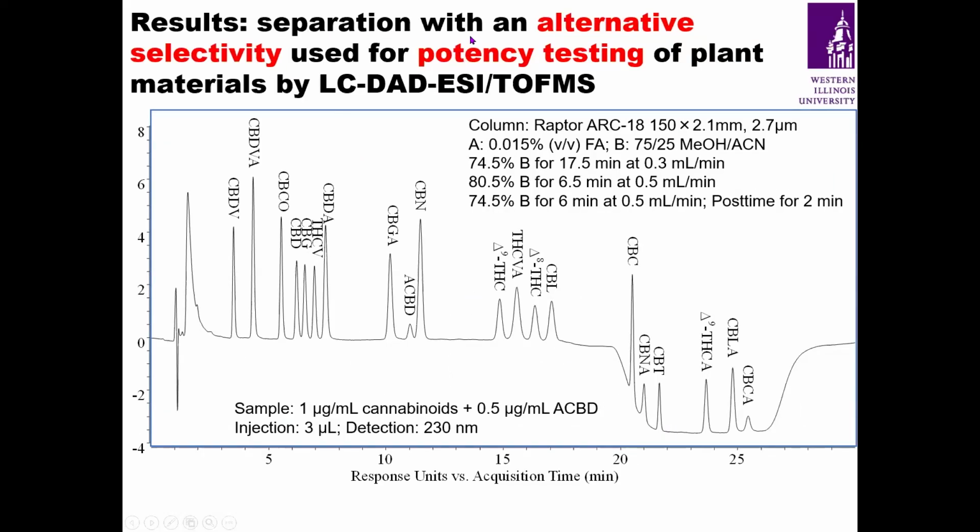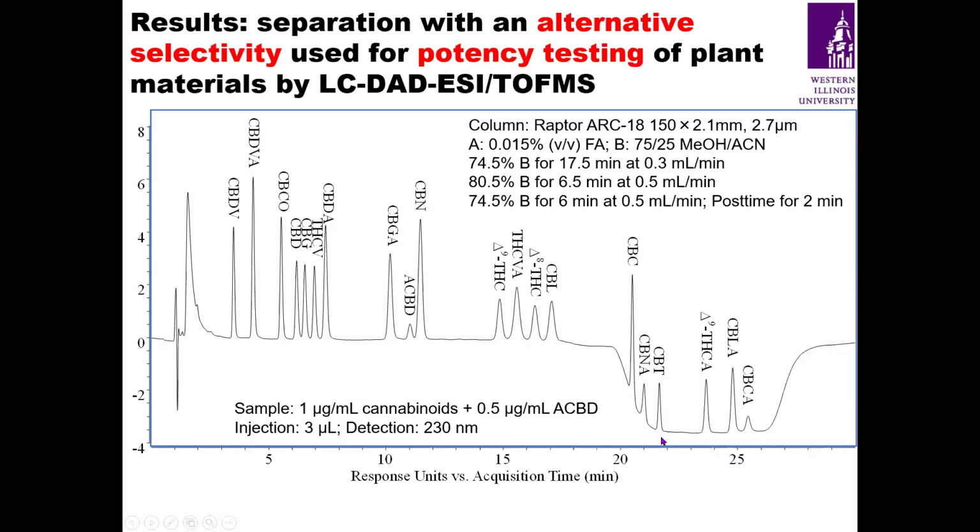Separation with an alternative selectivity used for potency testing of plant materials by LC-DAD ESI TOF-MS is demonstrated in this chromatogram. Now, here, the mobile phase changed. So wherever the mobile phase changed, you are going to expect the baseline shift.